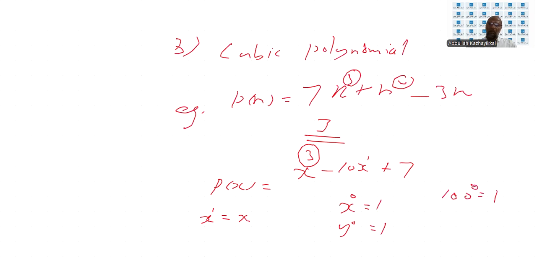But be careful: 10 to the power of 1 means 10, but 10 to the power of 0 means 1. 10 square, there is no confusion: 2 zeros, 10 into 10 is 100. 10 cube means 1000, 3 zeros.